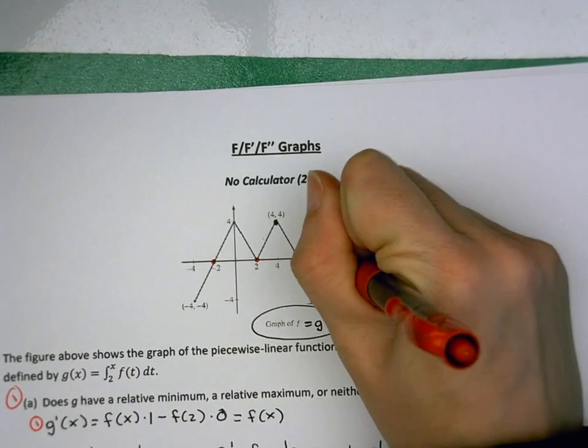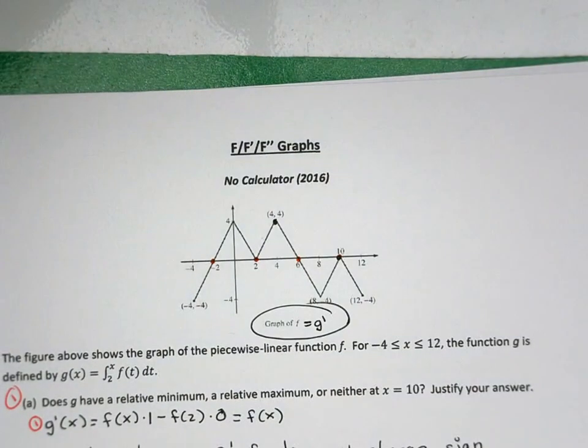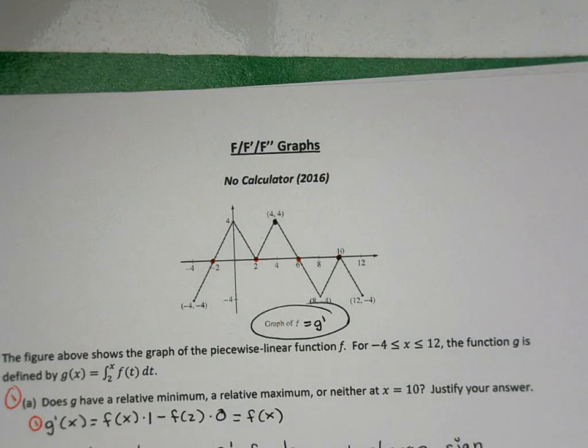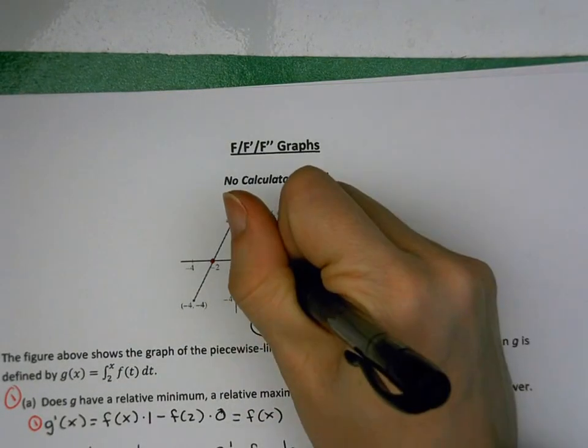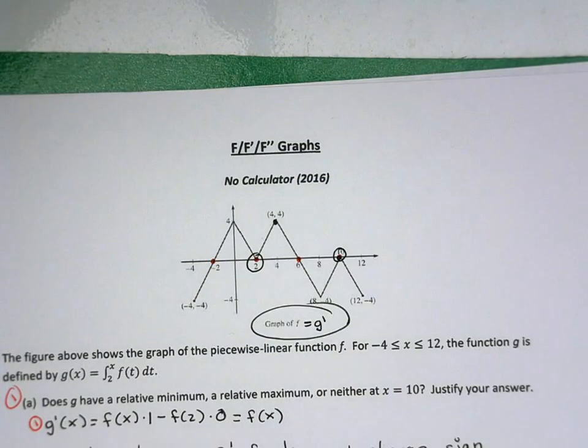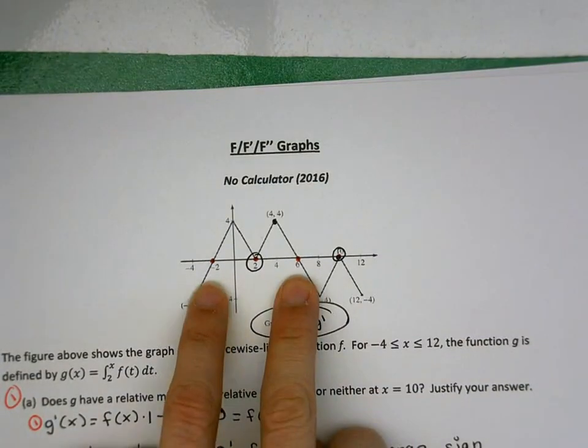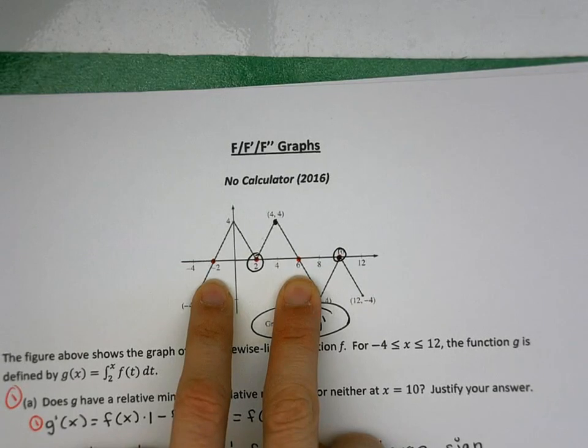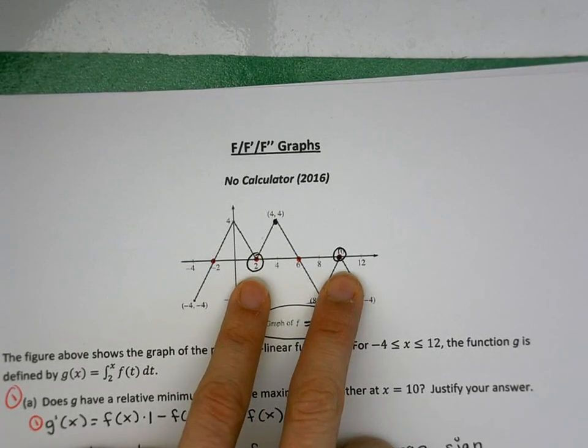And so if you considered all 4 of those points, you got that second point. Now, you don't actually have to, in this particular case, consider 2 or 10. And so if you left those out and only considered -2 and 6, you still got the point. The reason we don't have to consider 2 and 10 is because they are neither a relative maximum nor a relative minimum.